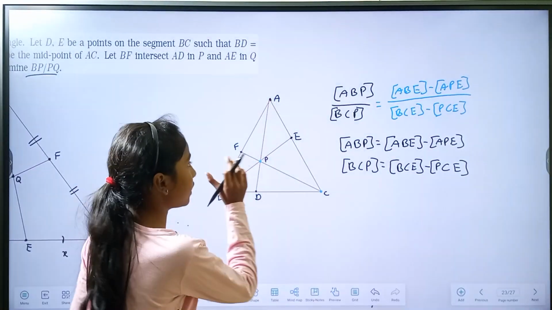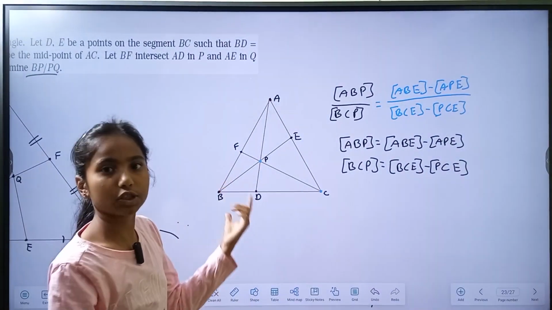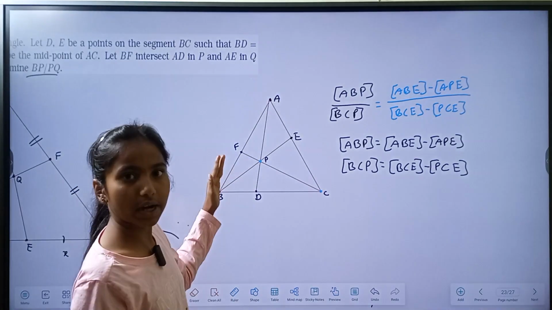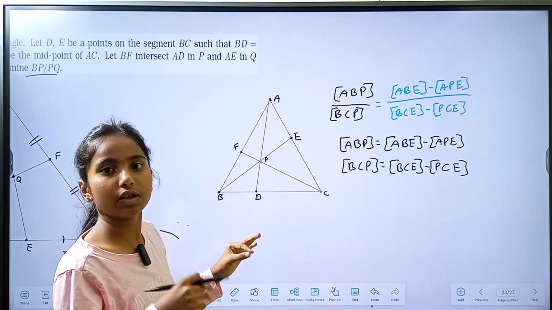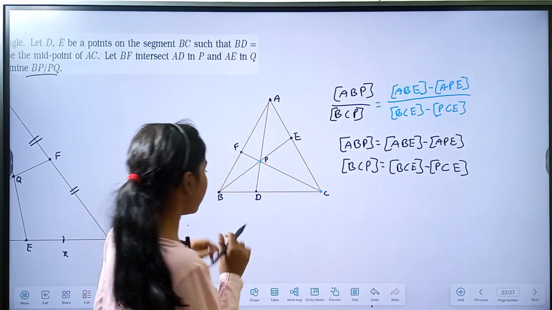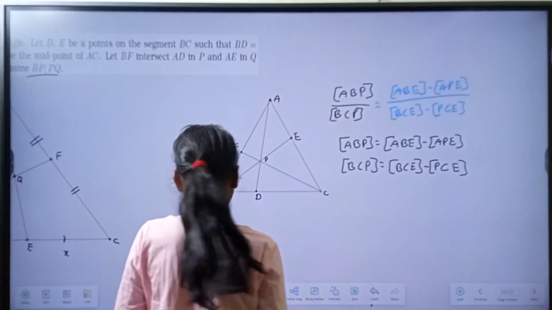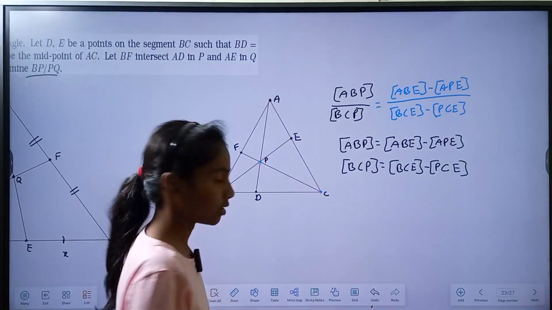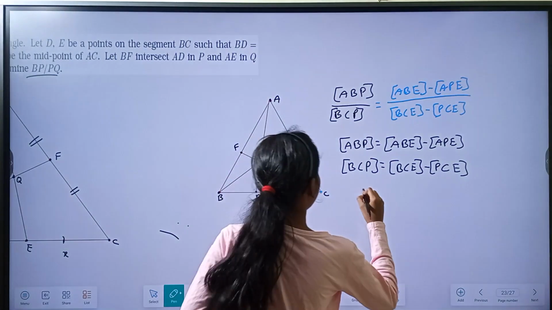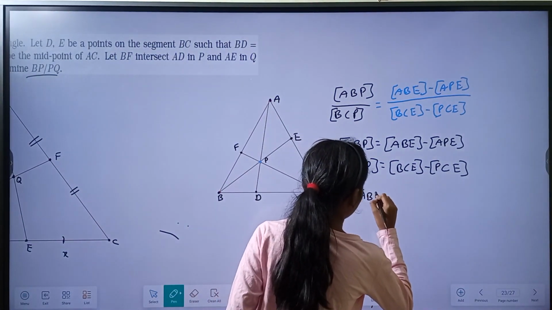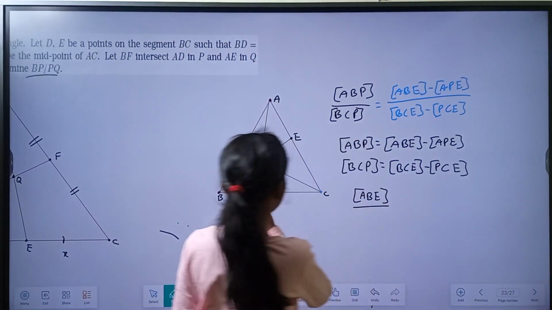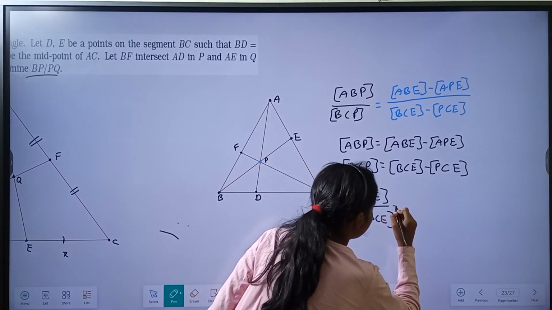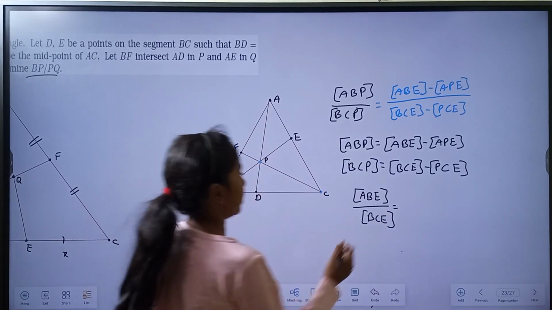The perpendicular distance between these parallel lines is always equal, which means the altitudes of both triangles are equal. No, the areas are not equal. The ratio of the areas is equal to the ratio of the bases. So ABE divided by BCE equals AE by CE.